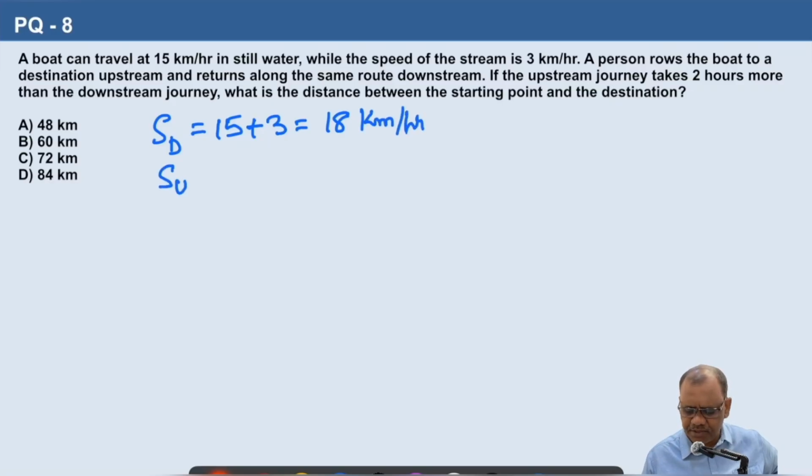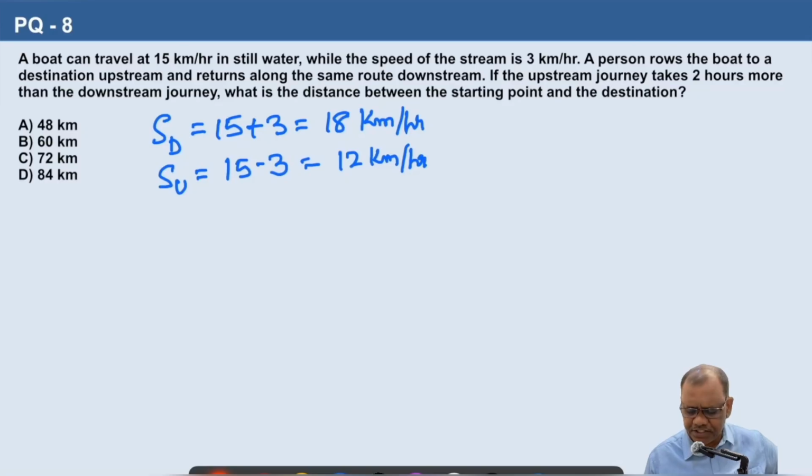Similarly, upstream is 15 minus 3, which equals 12 kilometers per hour. A person rows the boat to a certain destination upstream and returns along the same route downstream.